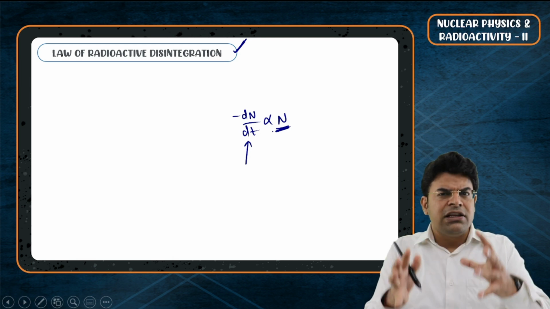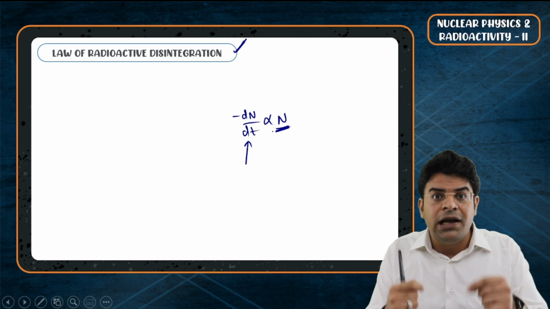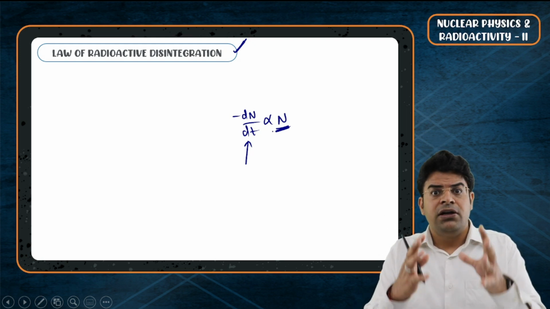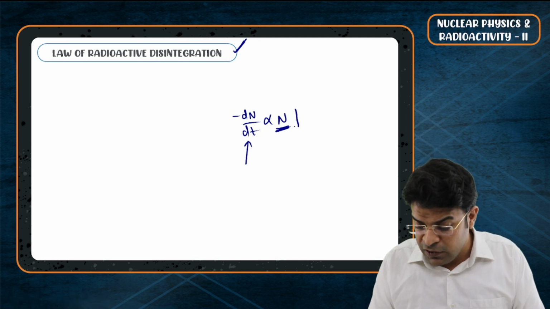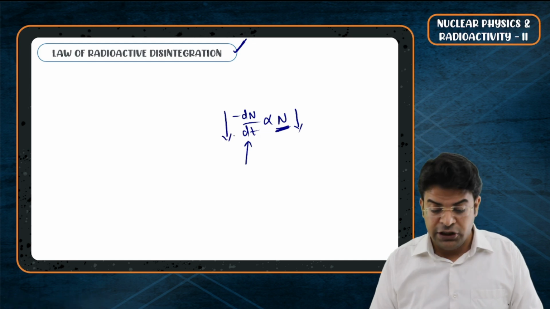The greater the number of active nuclei in a sample, the greater is the rate of disintegration. As the disintegrations take place, the number of radioactive nuclei will decrease, and so will the rate of disintegration.